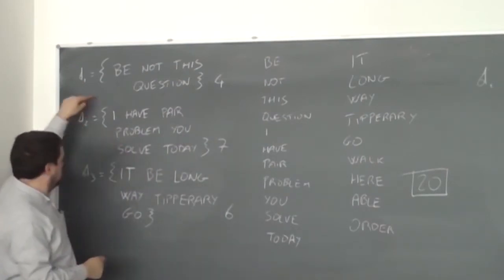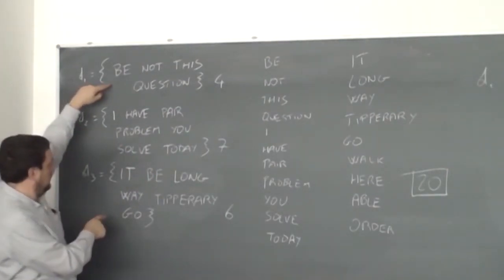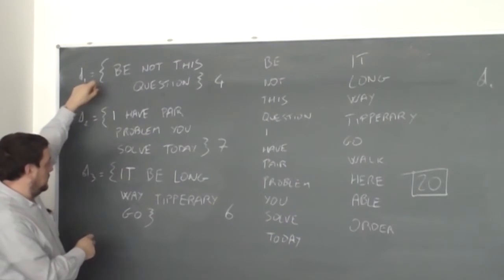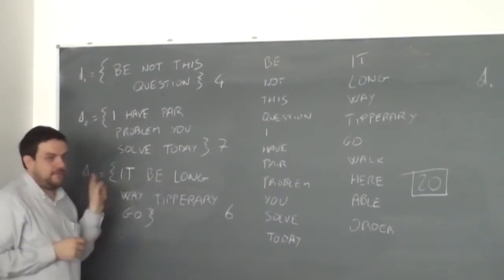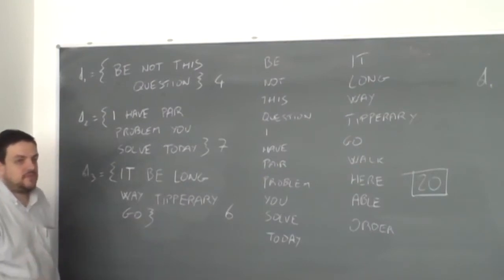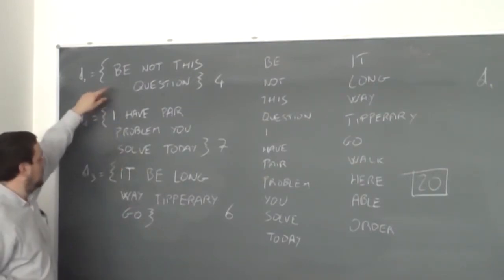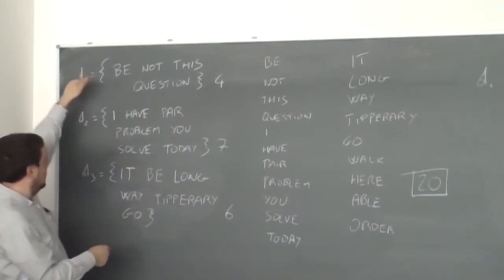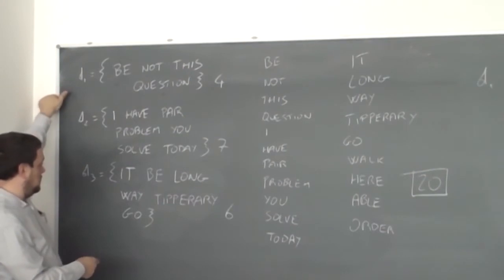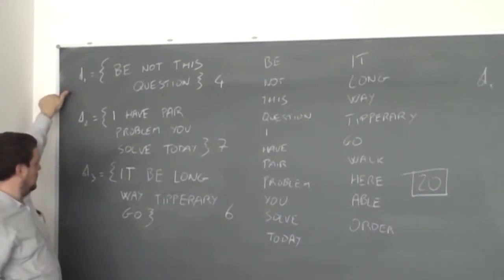The Jaccard coefficient between D1 and D3. Well, of course, things would be a little easier if I had written the terms in alphabetical order, but it takes time, so maybe it's easier this way. So we have B, and nothing else.